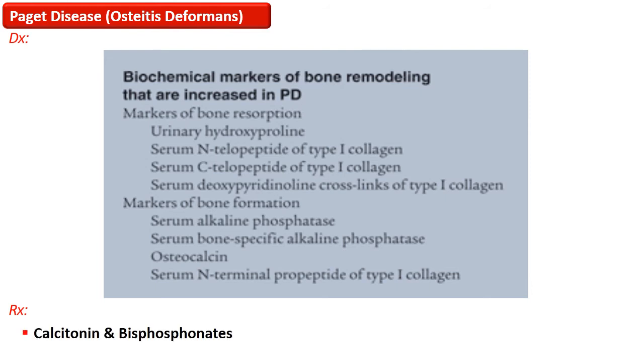If there is no malignant transformation, this is not a life-threatening disease, and mostly the patients affected have mild symptoms and are treated with calcitonin and bisphosphonate, which decrease bone turnover.